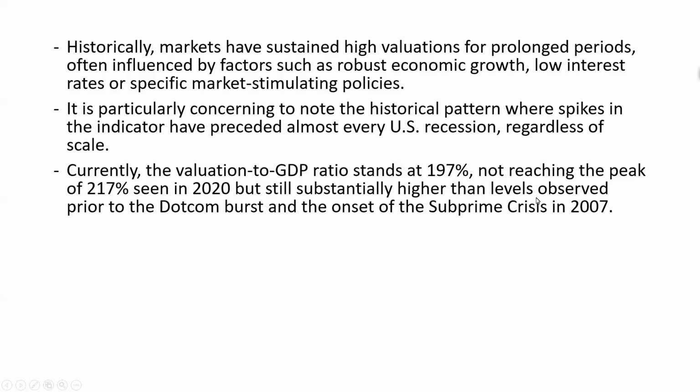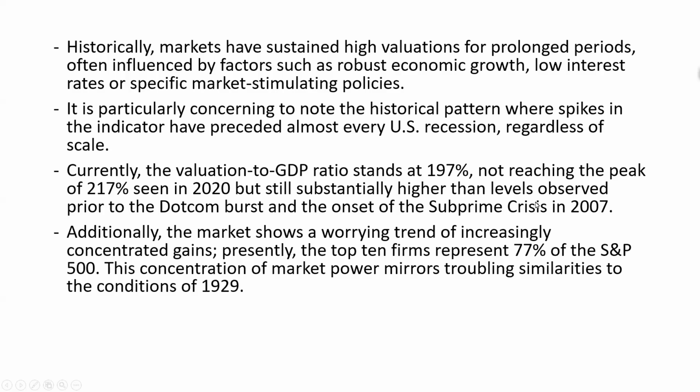It's already higher than that. Okay, additionally, the market shows a worrying trend of increasingly concentrated gains. Presently, the top 10 firms represent 77% of the S&P 500. Now, this concentration of market power mirrors troubling similarities to conditions of 1929 as well.